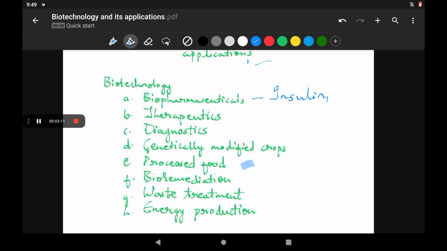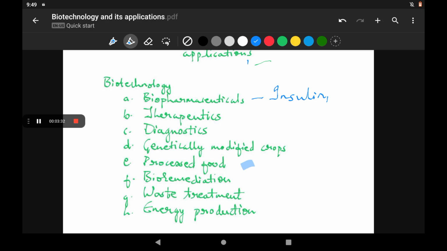Then waste treatment. One of the biggest difficulties that any civilized society has is the treatment of solid waste and other things. We can utilize microorganisms for biodegradation of this sort of waste, both domestic waste as well as industrial effluents.